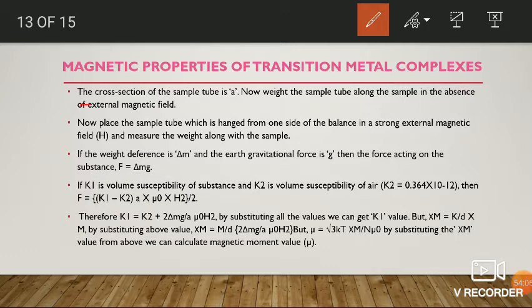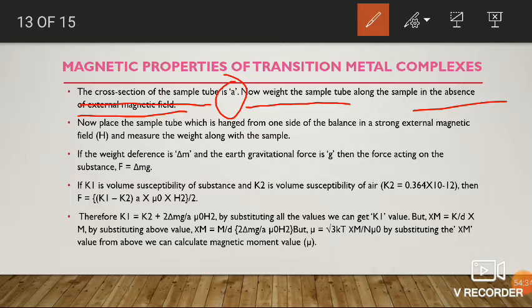Here the cross section of this sample tube is A. After filling the compound in the sample tube in the form of liquid or powder, we have to weigh the sample tube along with the sample in the absence of the external magnetic field.